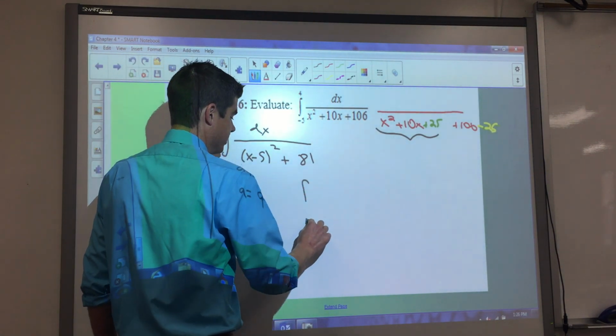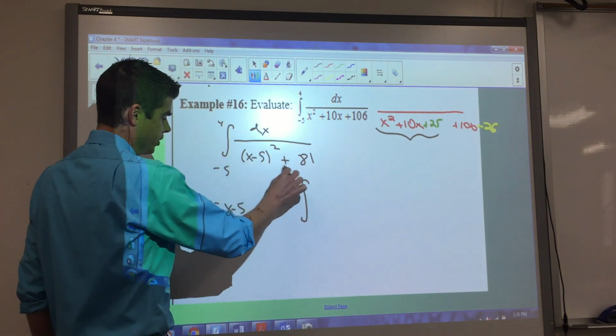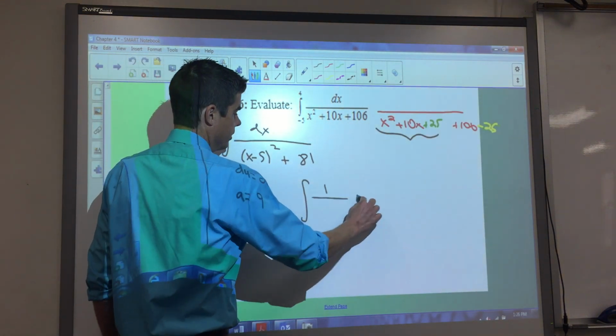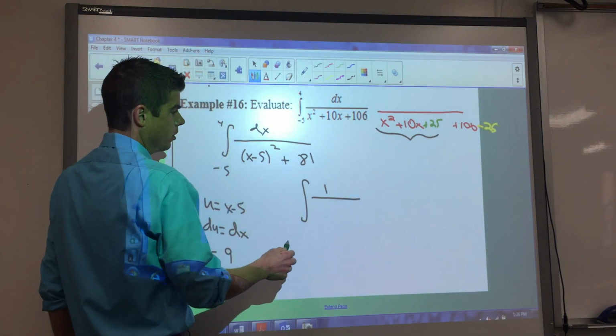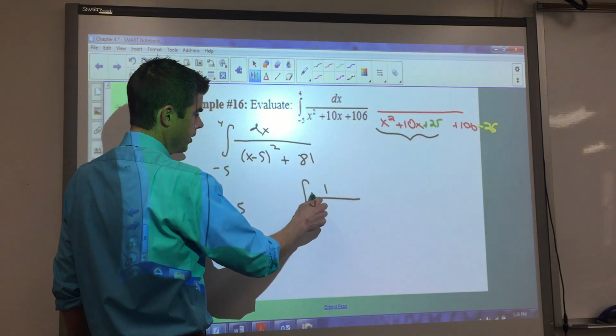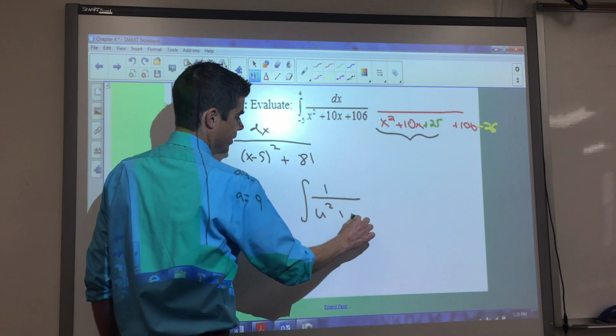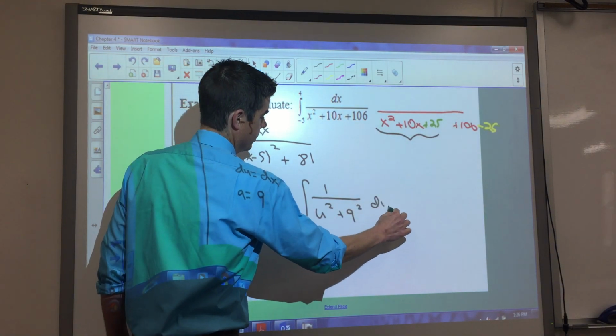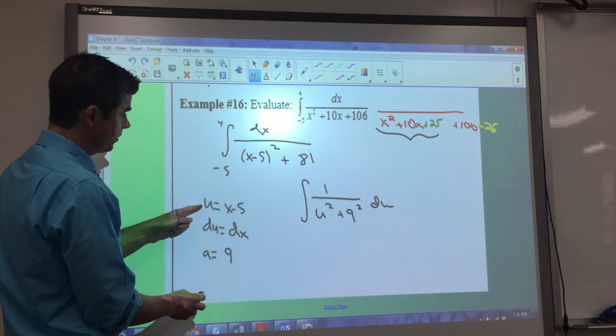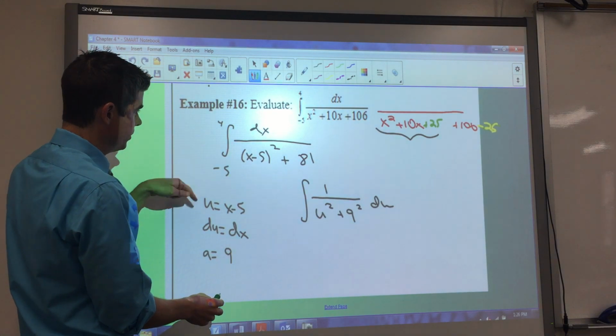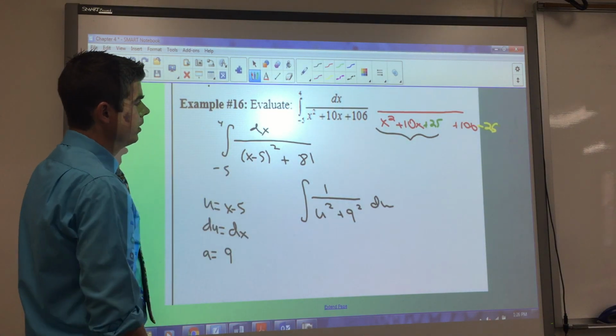So this is a characteristic structure, I should say, of arctangent. I have the integral of 1 over u squared plus 9 squared du. And let's go ahead and change those bounds. So if I do, oh, wow.